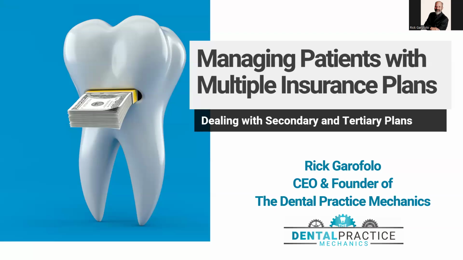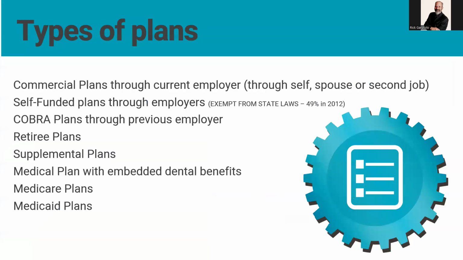So the first step of managing patients with multiple insurance plans is understanding the different types of plans that are out there. So, naturally, we know the commercial plans through an employer, or they could be purchased directly through an agent.